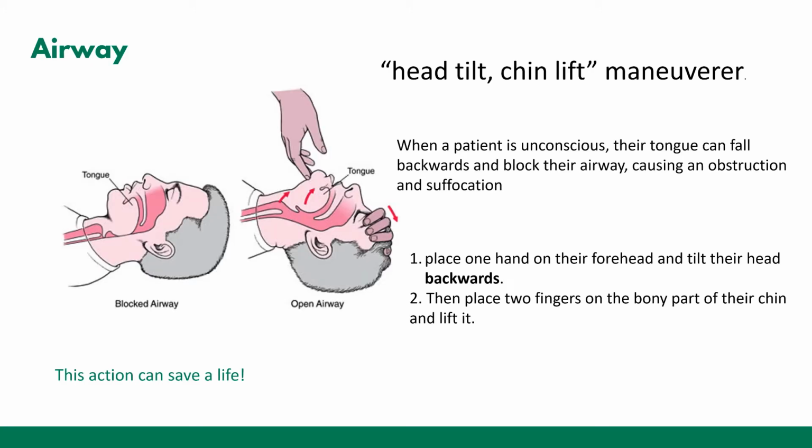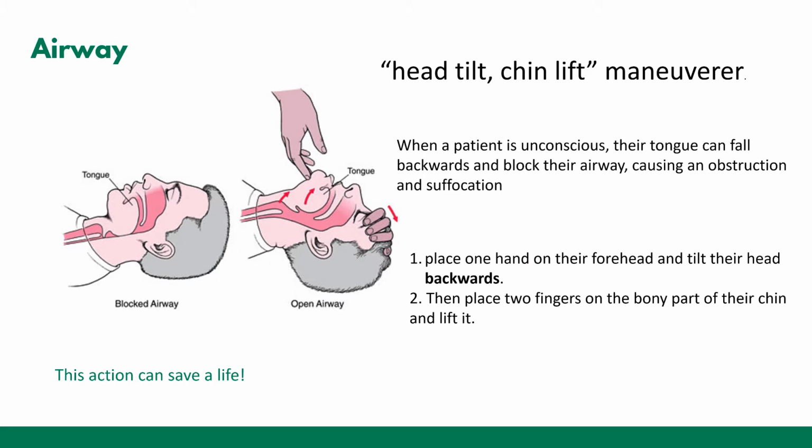A stands for airways. So when a patient is unconscious, their tongue can fall backwards and block their airway, causing an obstruction and suffocation. Similarly, they may vomit, which can also block their airways. But it's important that you don't put your fingers down into their throat to remove any obstruction, because you never know, they could wake up, they could bite you.